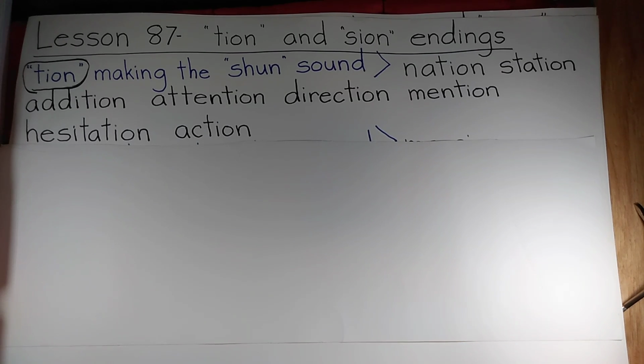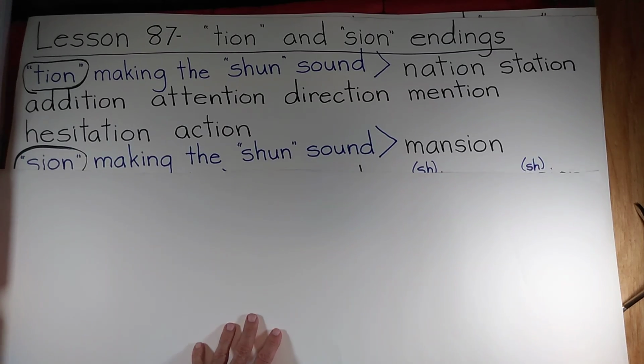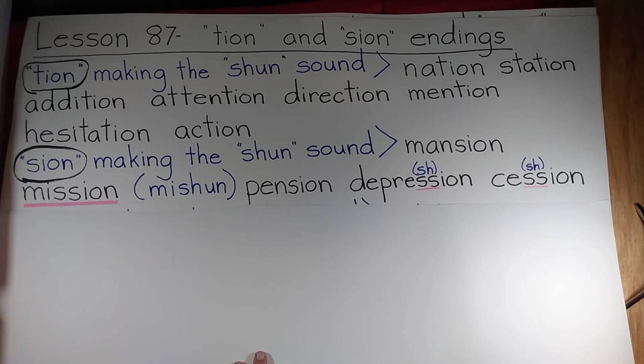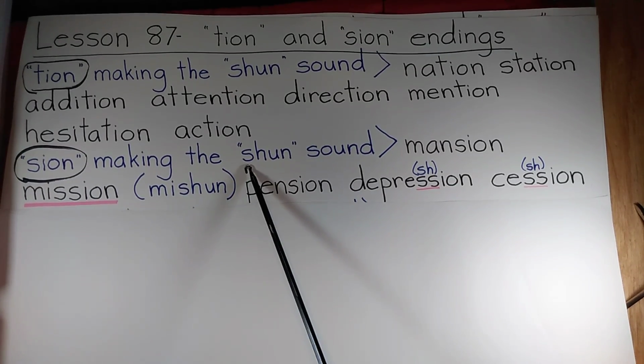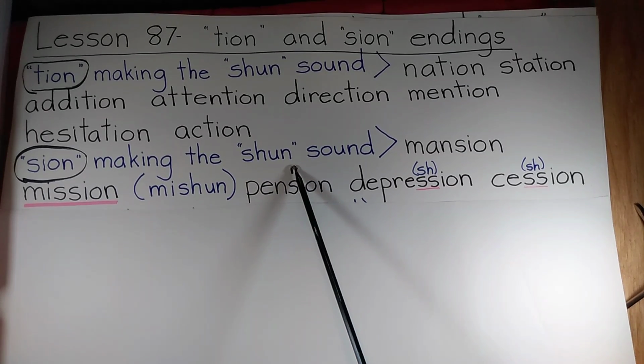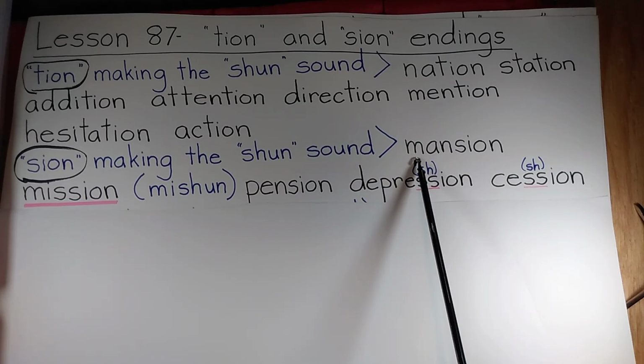Teachers, have students say these words to you. Press pause. Now, we find out that S-I-O-N oftentimes makes the same sound as T-I-O-N, shun. In these words, students say these before I do.